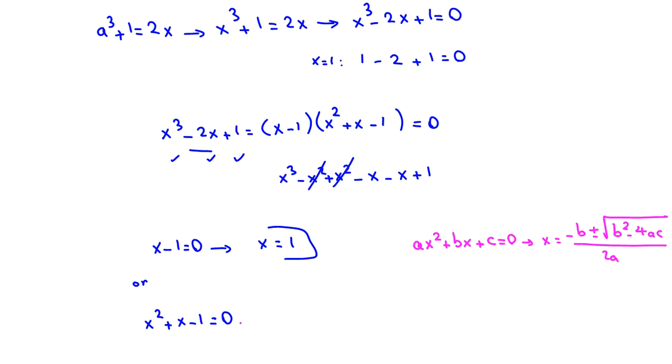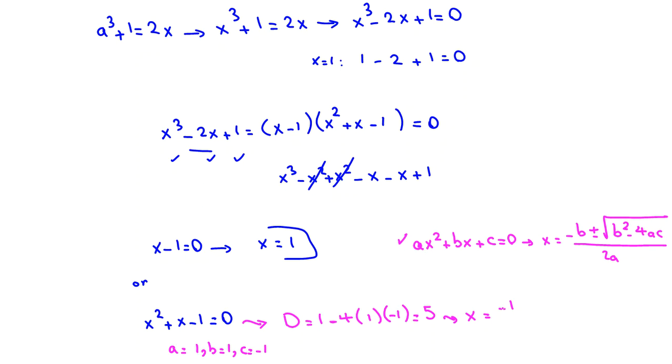For this one, it is a quadratic, so we want to use the quadratic formula. The part inside the square root is the discriminant. Discriminant here is b squared minus 4ac, which is 1 plus 4, 5. Here a is 1, b is 1, c is negative 1.